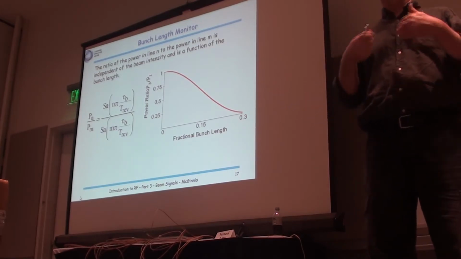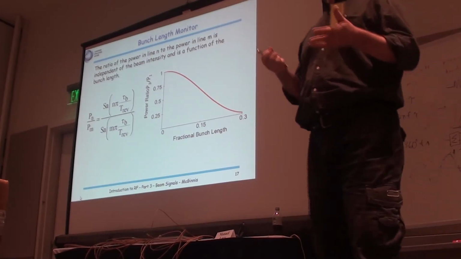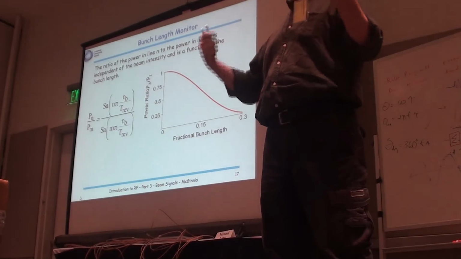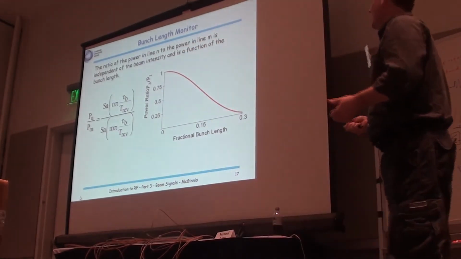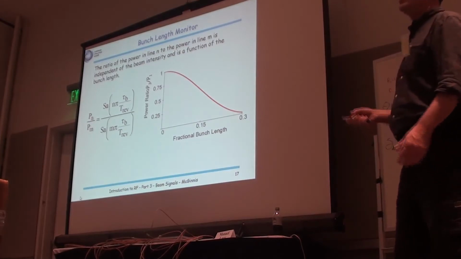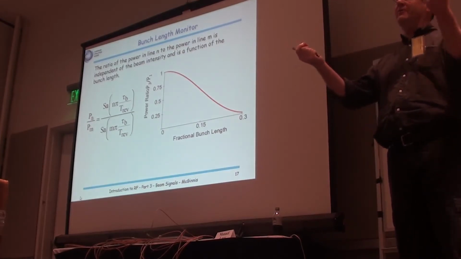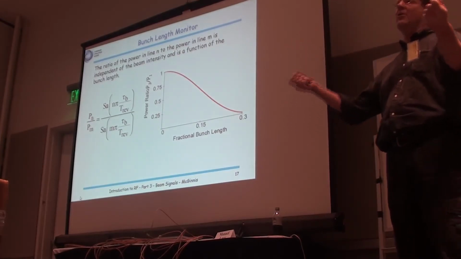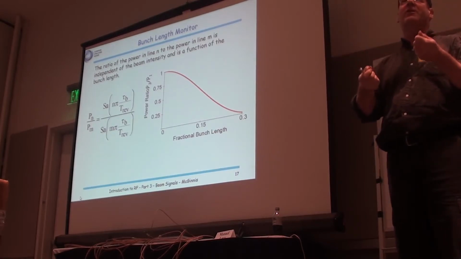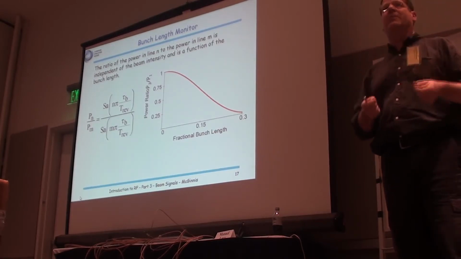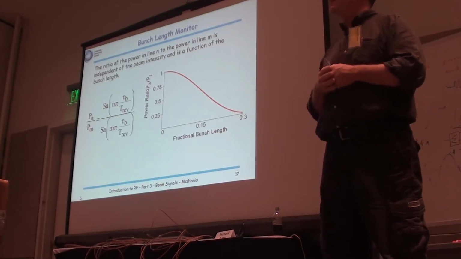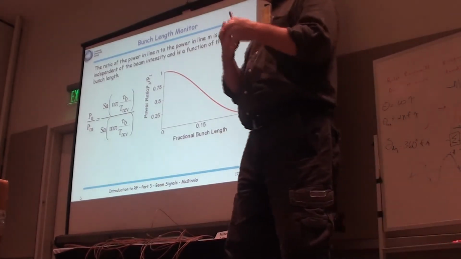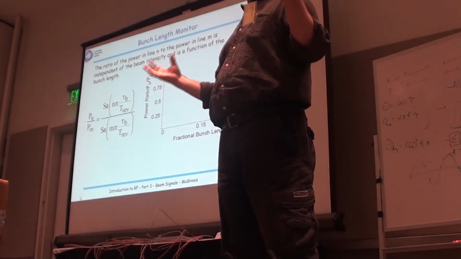So if I can make an assumption of what my bunch shape is, say it's a Gaussian, or a square, whatever I want to do, all I need to do is measure the ratio of the third harmonic to the first harmonic, or the fifth harmonic, or whatever harmonic you want, and then you could sit there and say, I know what the bunch length is. So now, instead of making a bunch length detector that's very broadband, that's a hard thing to do, right?